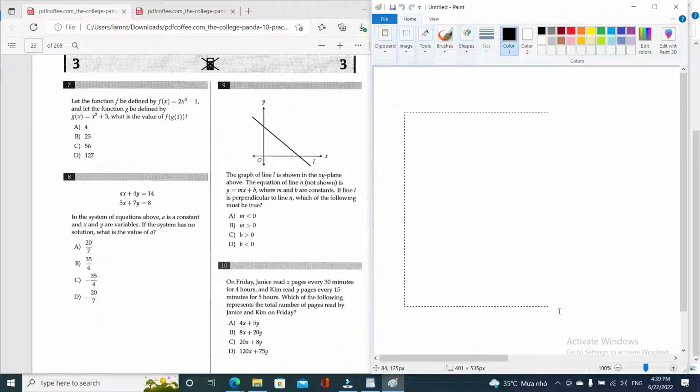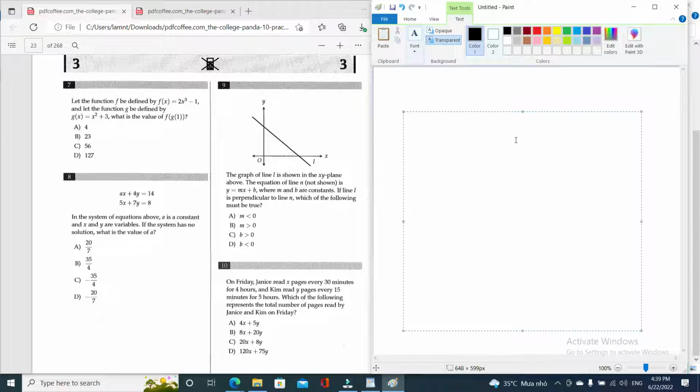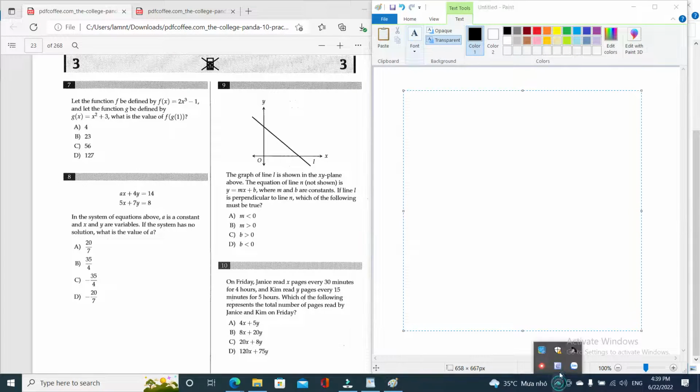Okay, 7. This is a compound function, I think. I don't know if I know the exact terminology. So number 7: f(x) is 2x cubed minus 1 and g(x) equals x squared plus 3.